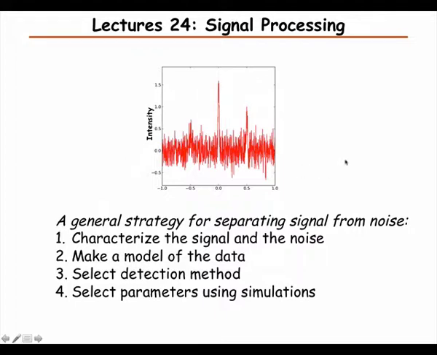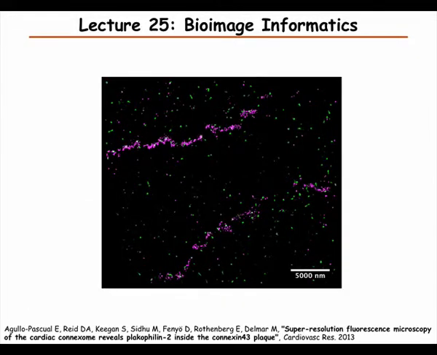First, you need to know the properties and the distributions of both your signal and the noise, and then you can make a model of this, and then pick one detection method, and we'll go through a few different ways that you can do the detection. And then, since you have modeled both the signal and noise, you can simulate to test how to set the thresholds and the parameters.